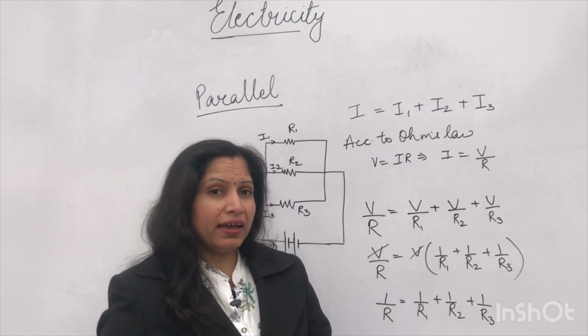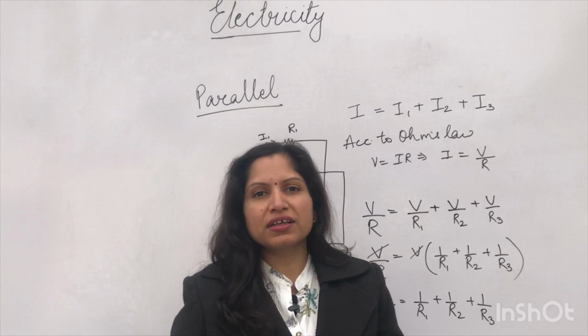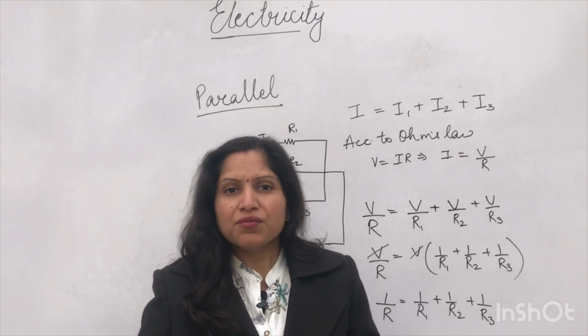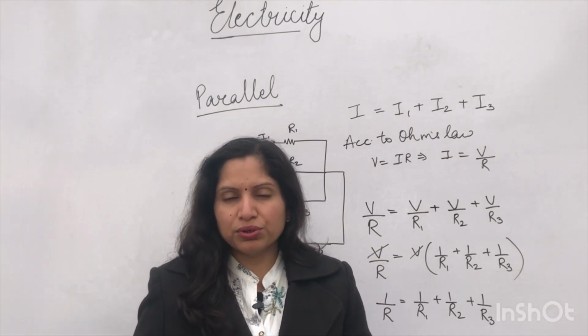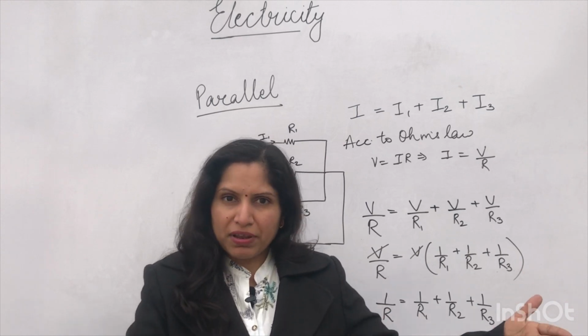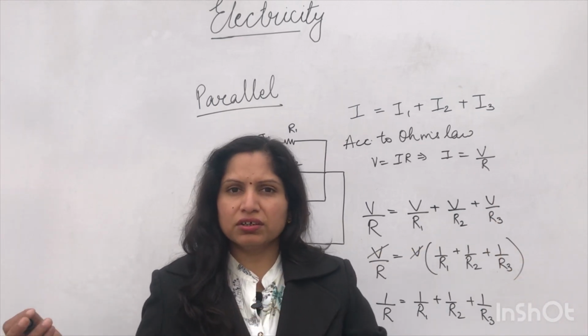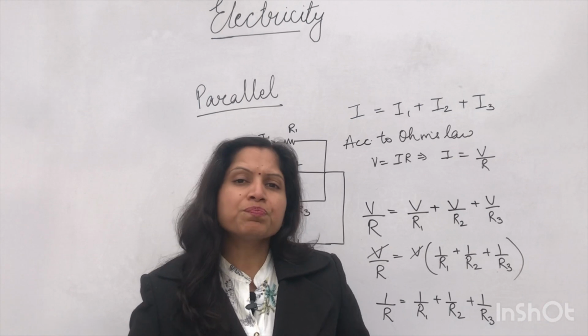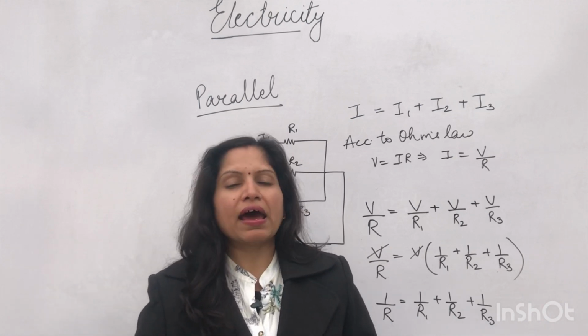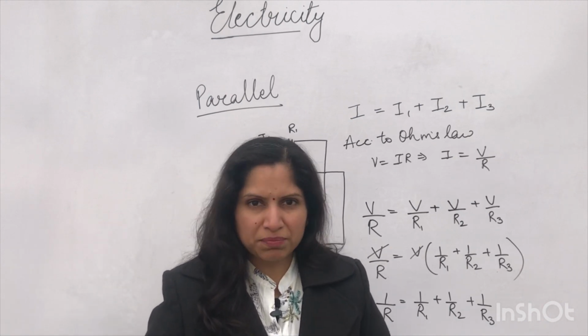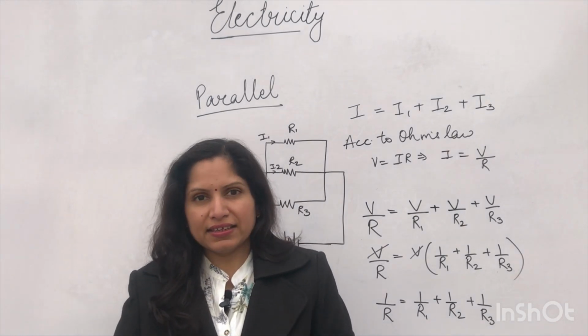Why at our home also we are using a parallel combination? For our whole household electric supply, all our appliances at home like refrigerator, television, air conditioner, they are all connected to each other in parallel combination. So why are we using parallel combination? Let's see that.